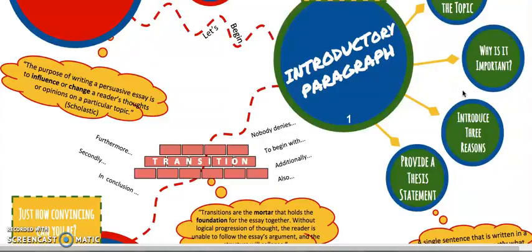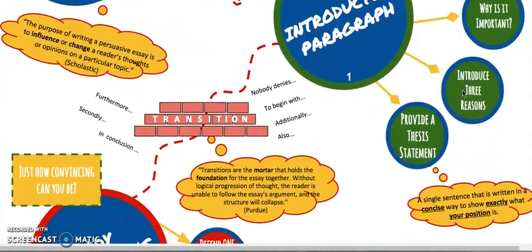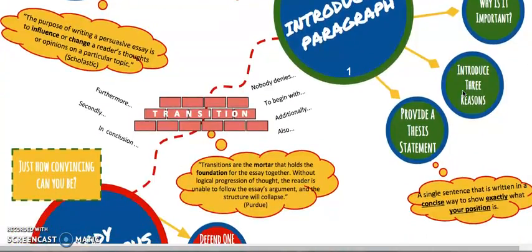Are you for or against this topic? After that, you're going to introduce 3 reasons. Briefly state 3 reasons for your position and clearly provide a thesis statement that is written in a concise way to show exactly what your position is.